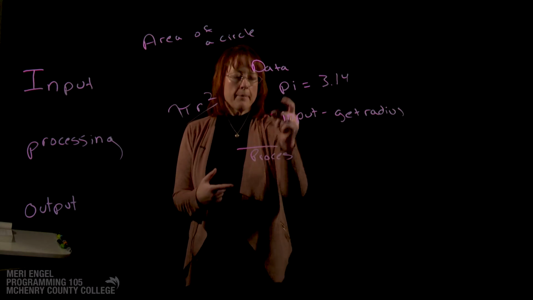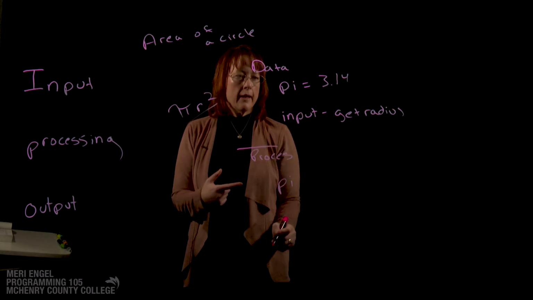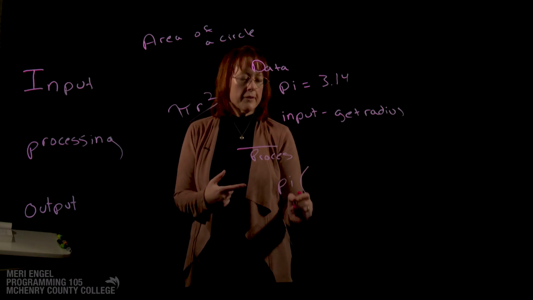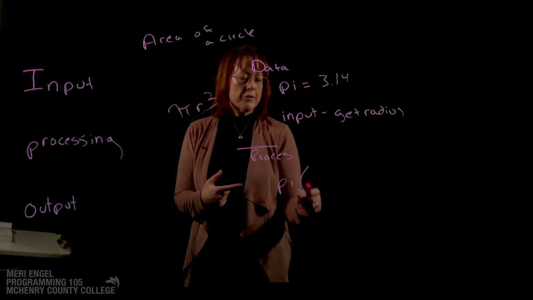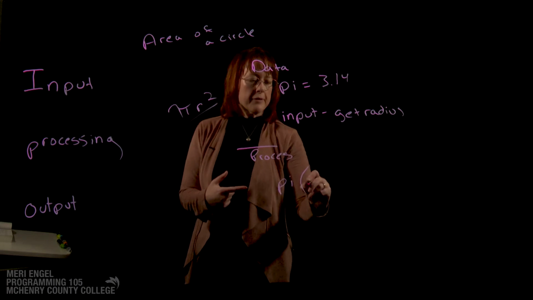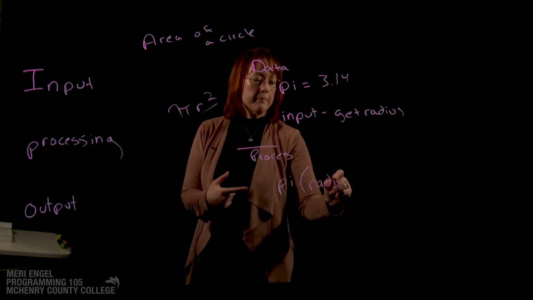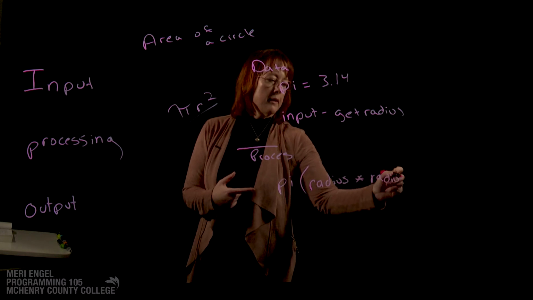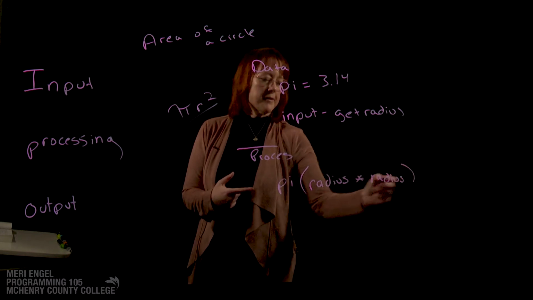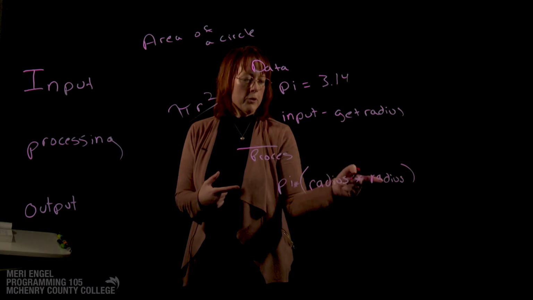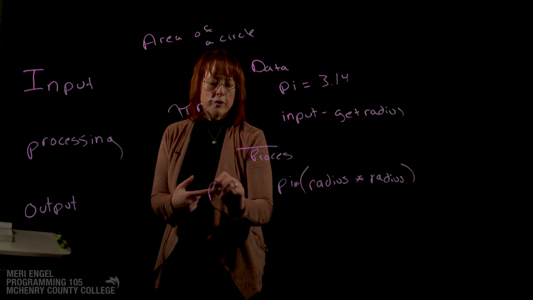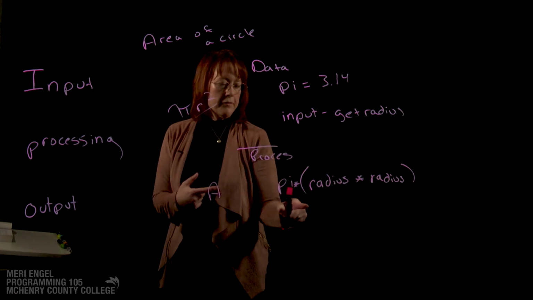So we would take pi and we would multiply it. We can use parentheses here if we want to, because we should square r first. So we'll take radius, which was my variable name, and to square it is to times it by itself. We would multiply that, and that would give us an answer, which we would usually assign this formula to.